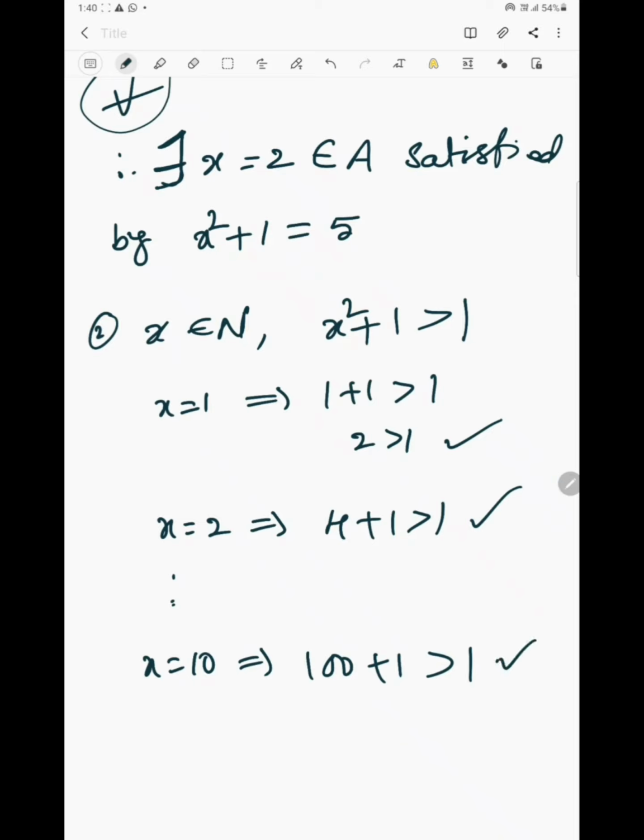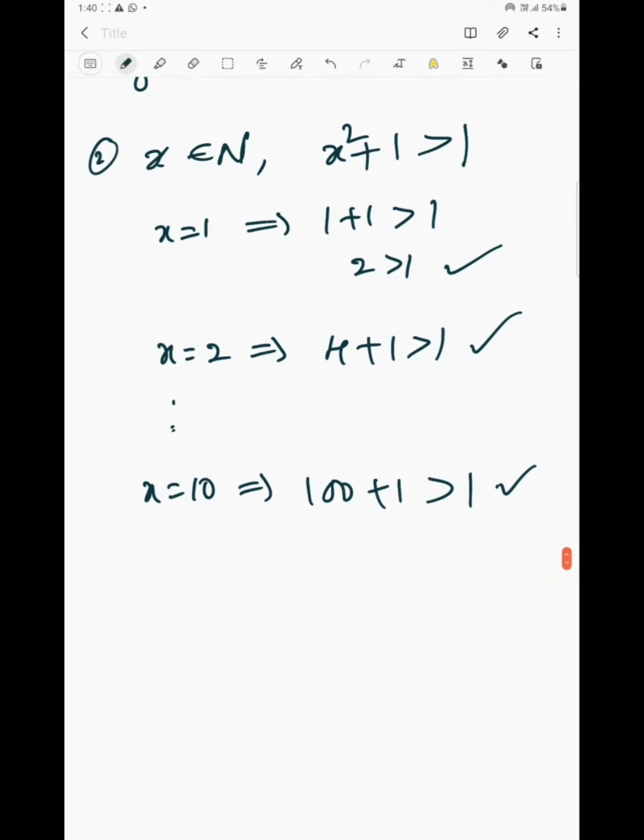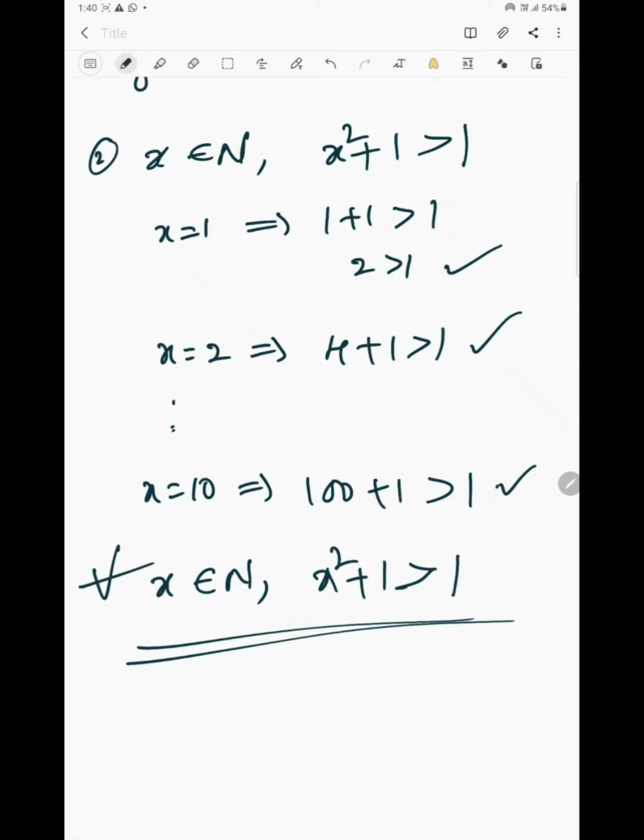Correct? That means the given statement holds for all natural numbers. Therefore, what quantifier do we have to use here? For all. For all x belongs to N, x square plus 1 is greater than 1.